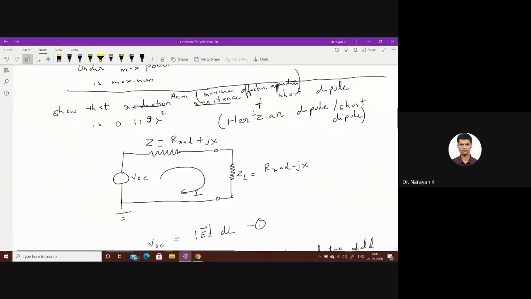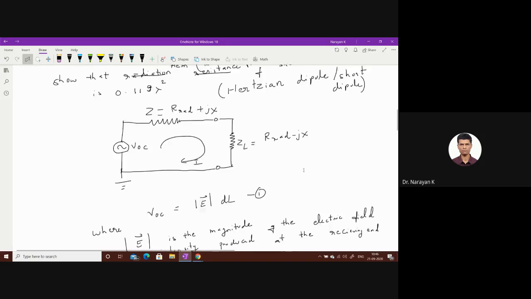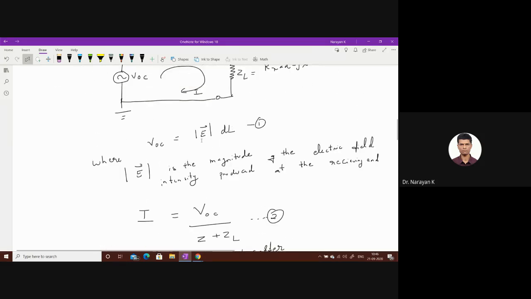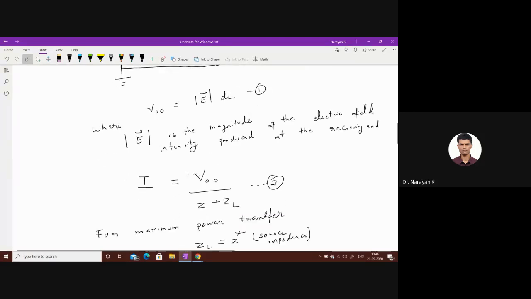We have taken one circuit where this is the voltage V_OC, this is your impedance Z and this is the load impedance Z_L. At maximum power transfer, source impedance equals load impedance: radiation resistance plus jX equals radiation resistance minus jX. Voltage is nothing but electric field into elemental length dl, where E is the magnitude of the electric field intensity produced at the receiving end.